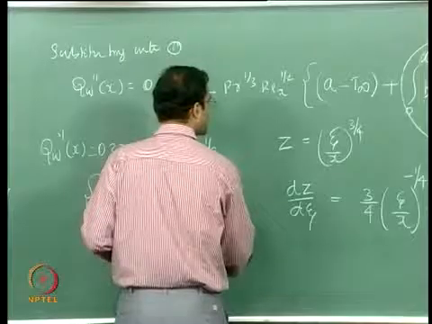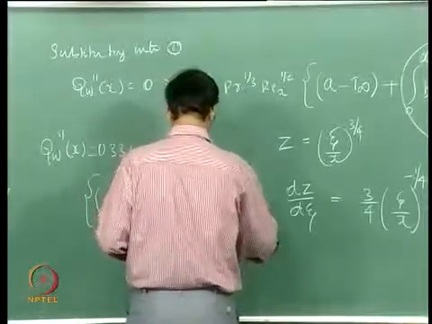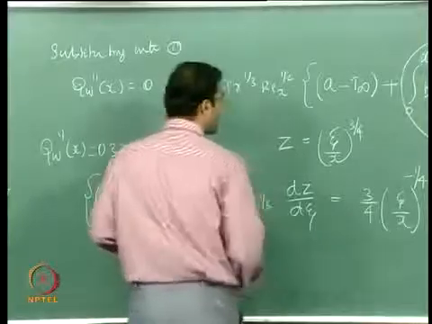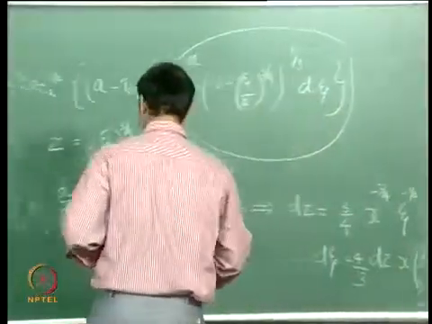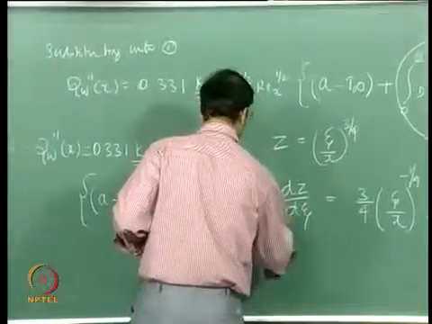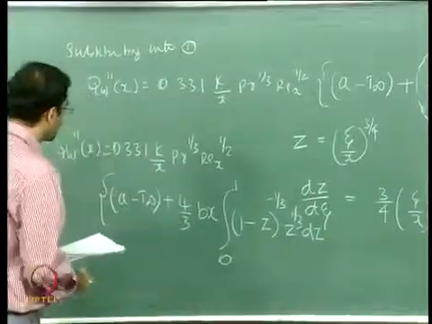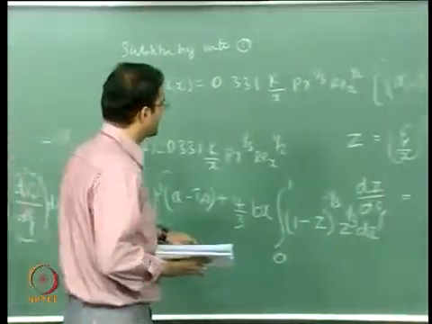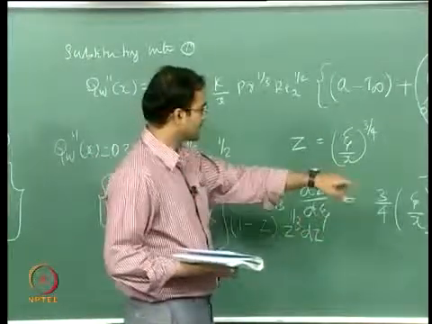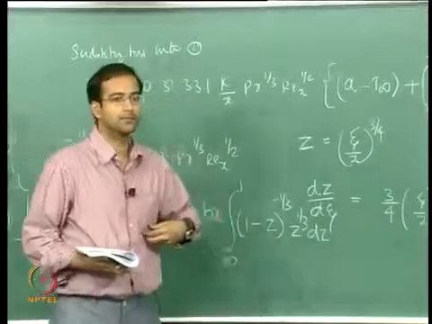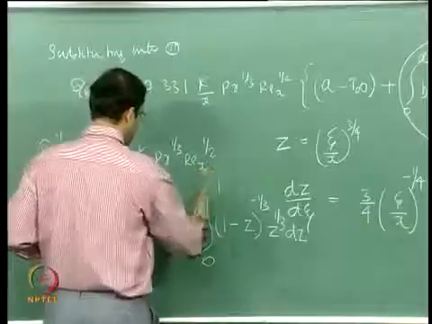So this will be 1 minus z to the power minus 1 by 3, and z to the power 1 by 3 into dz. So I have transformed that to this integral right here.